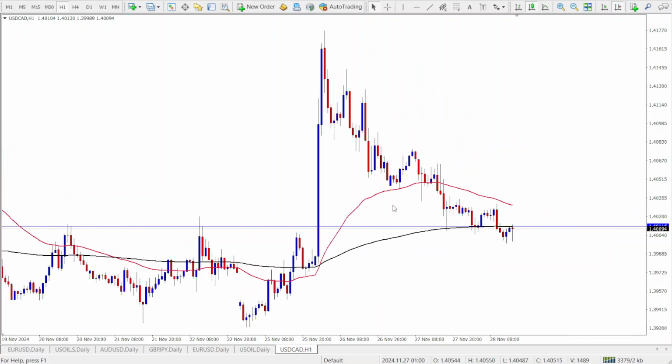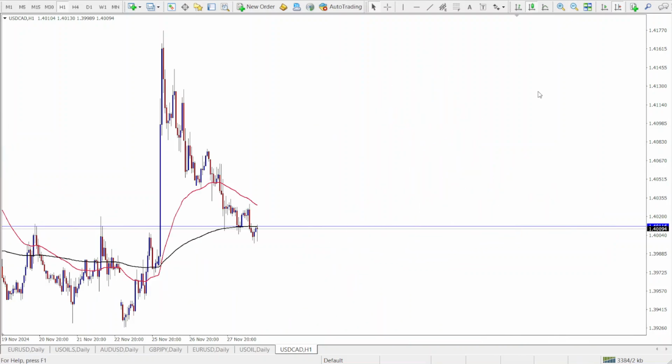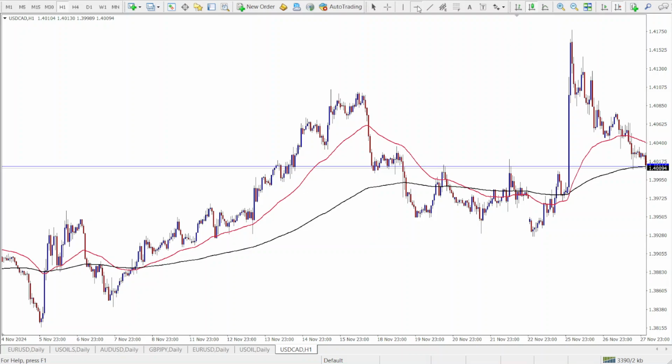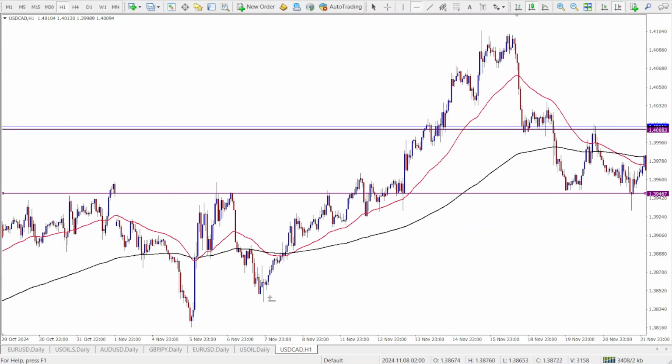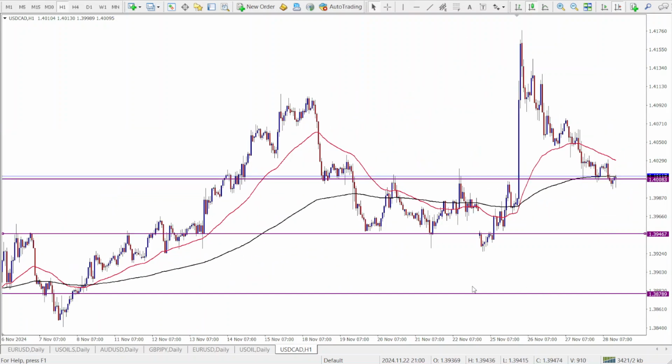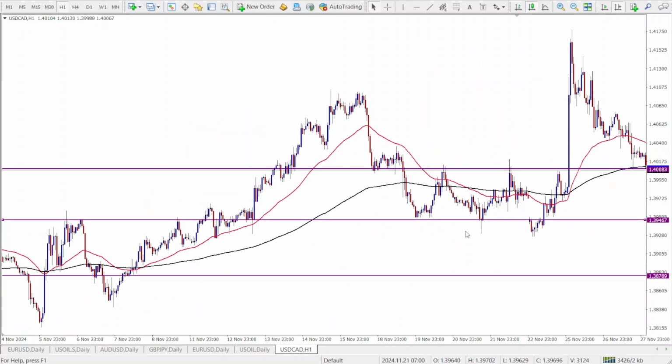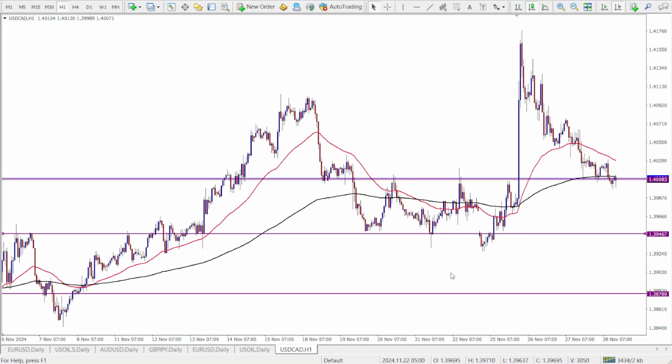Additionally, we want to look for support and resistance levels. I always emphasize the importance of support and resistance levels. They play a very key role in technical analysis. Support and resistance levels are price levels where the market has reversed direction in the past.